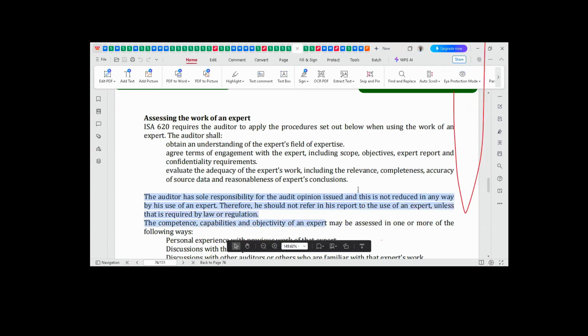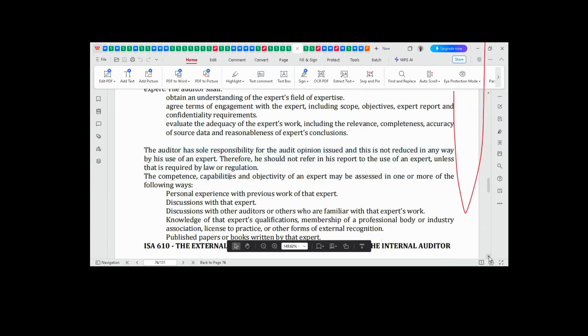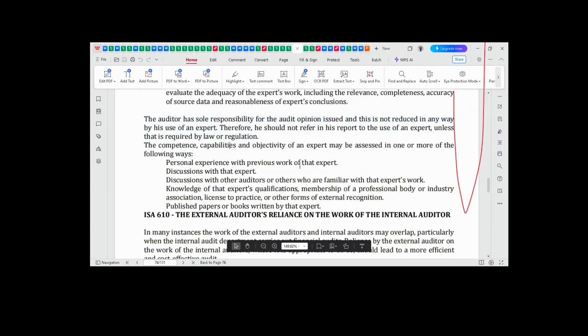All right? So the competence, capability, and objectivity of the expert may be assessed. For instance, you want to use a lawyer. These are the things you are going to use to decide whether you are going to use this lawyer or not. Personal experience with previous work of that expert.